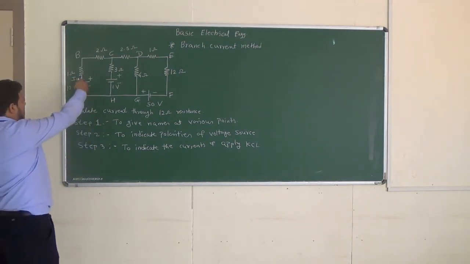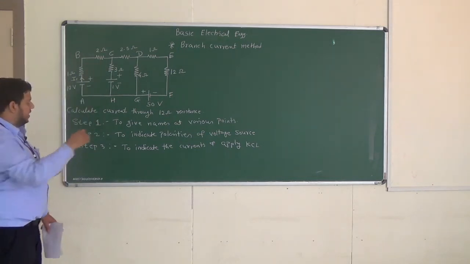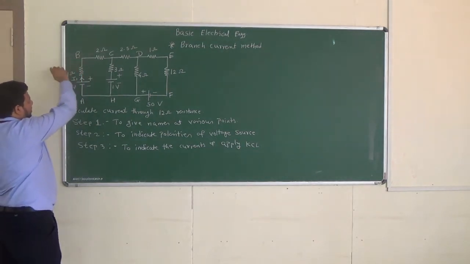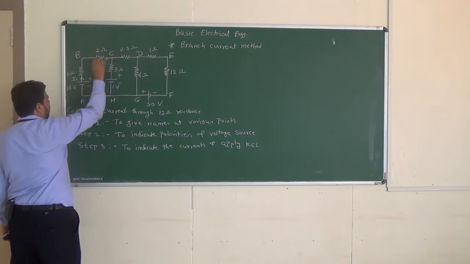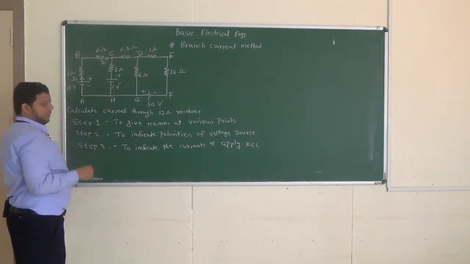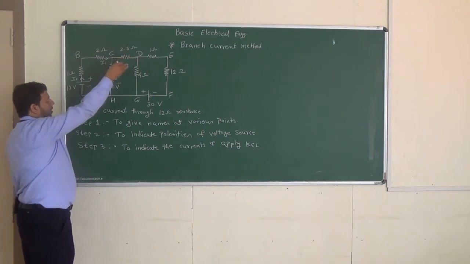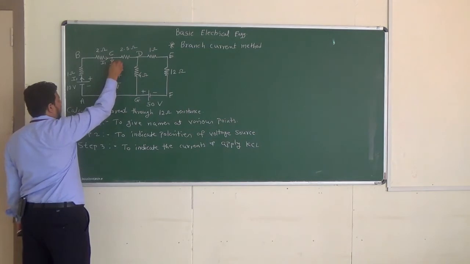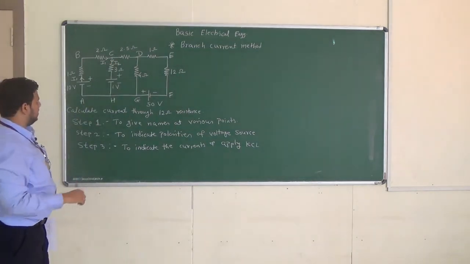Now this current I1 will flow up to point B, again up to point C, because there is no other path for the current I1 to flow beyond point B. So this current again will be I1. Now here that current will be split. Some amount of current will flow through 3 ohm, the remaining amount will flow through 2.5 ohm. Let us use the symbol I2 to represent the current flowing through the 3 ohm resistance.